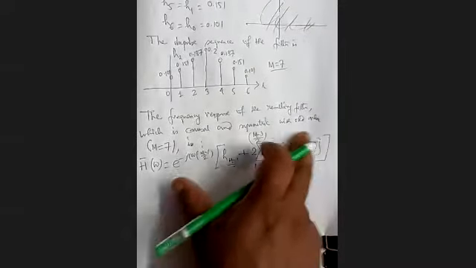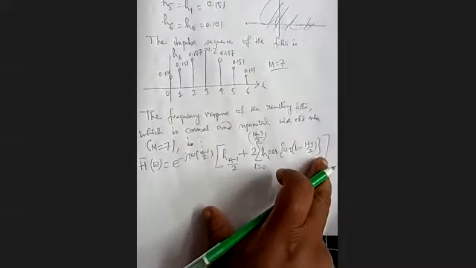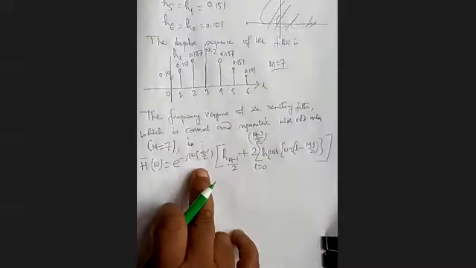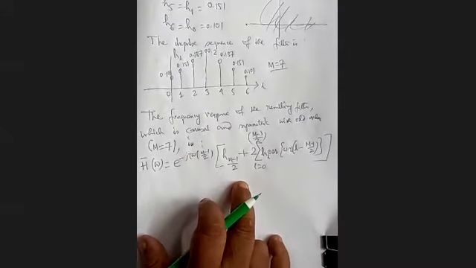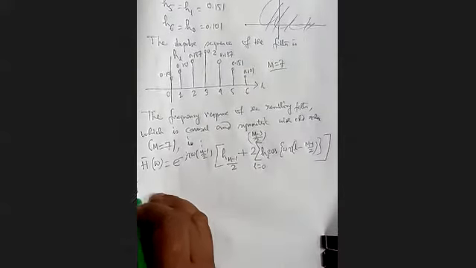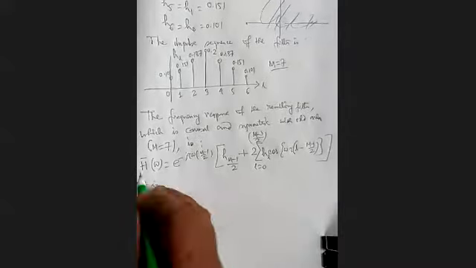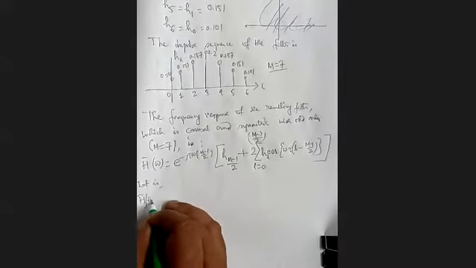So you can change the sign inside. You can write (M minus 1) by 2 minus L also, no problem. So if you put all such values, I want to write only one more line, then I'll give you the final result.